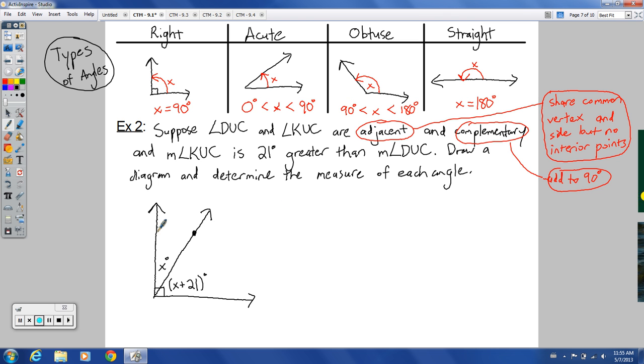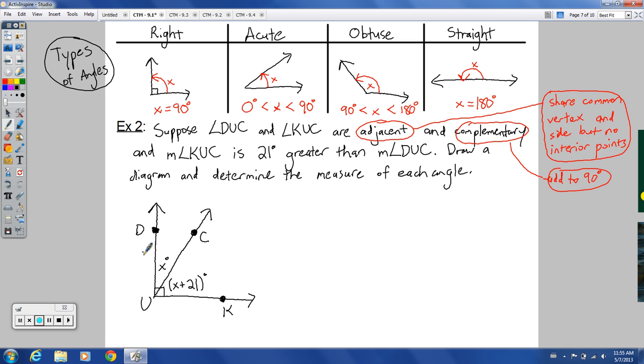So I have DUC being the smaller one and KUC being the bigger one. They both have C in them, so C would need to be right here, not here or here, because they both share that point with their angles. So this could be K, U and C, and this could be D, U and C. And so that right there is a solid diagram with the information that I've given here.